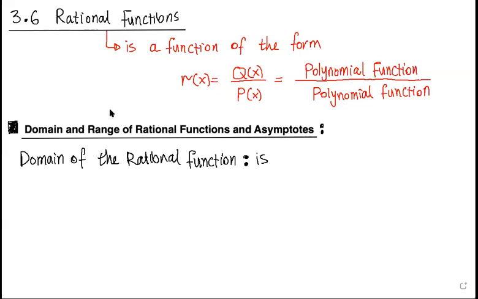So when I ask what's the domain for a rational function, anything like this is real numbers, except we have to remove the zeros of the polynomial function in the denominator. So it is all real numbers except the zeros of the denominator.